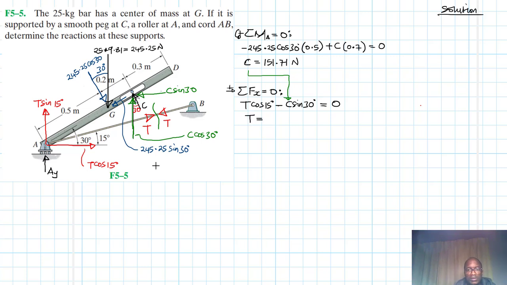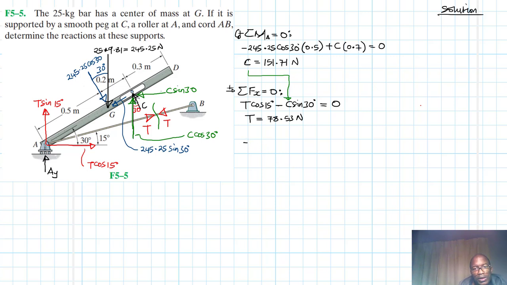Our T therefore is 151.71 times sine 30 divided by cos 15, which is 78.53 newtons.